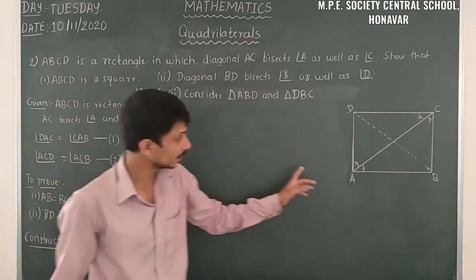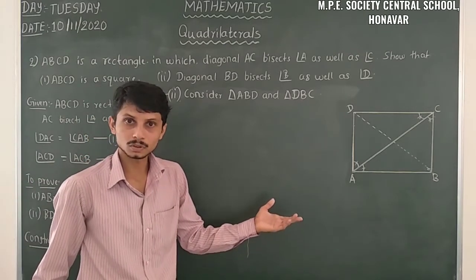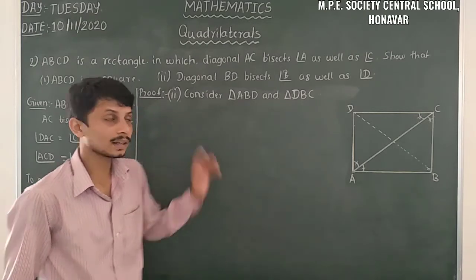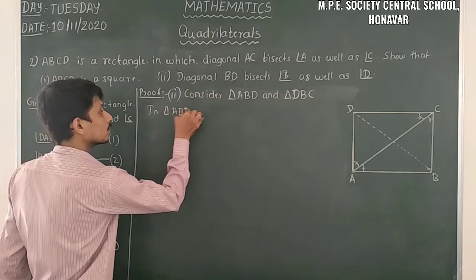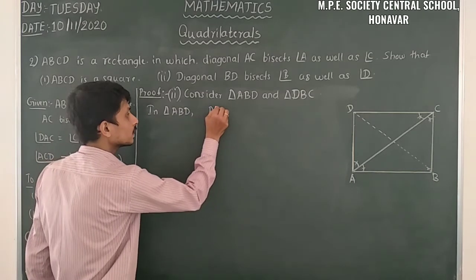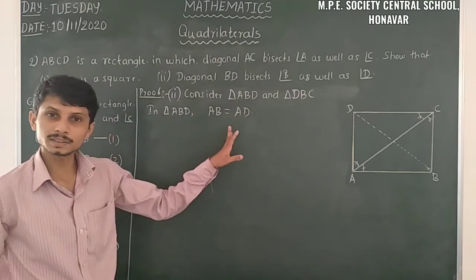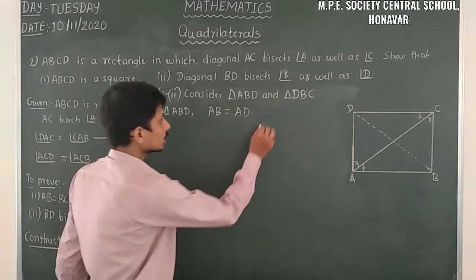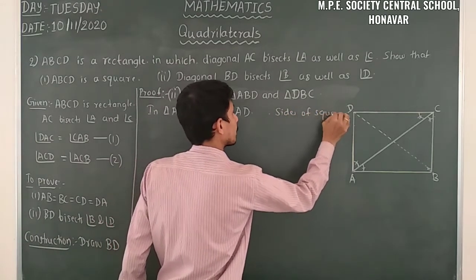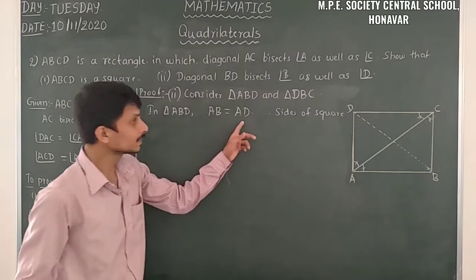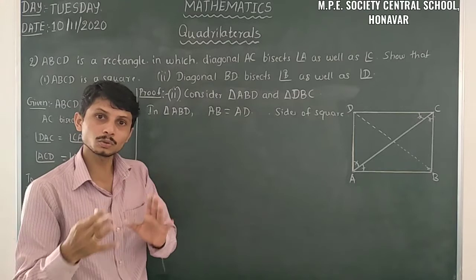In triangle ABD, AB is equal to AD, because they are sides of the square. When AB is equal to AD, the angles opposite to equal sides are equal.